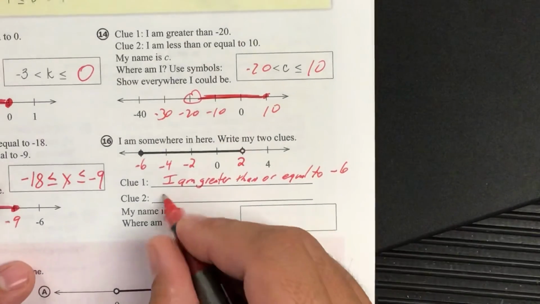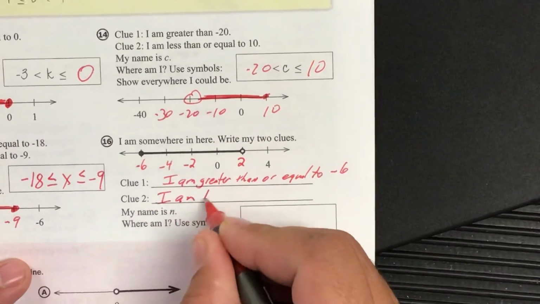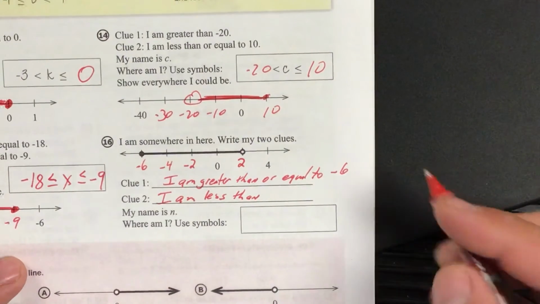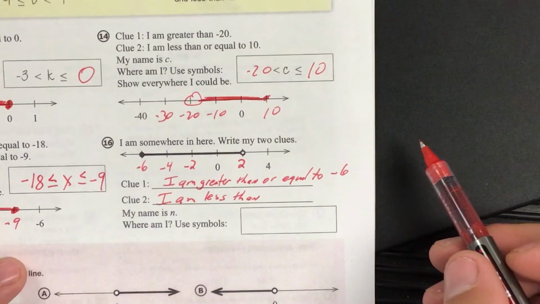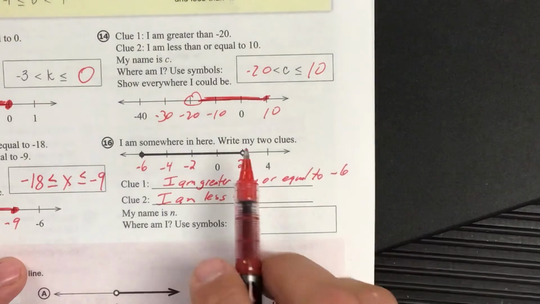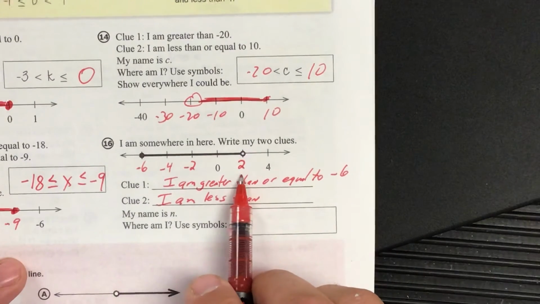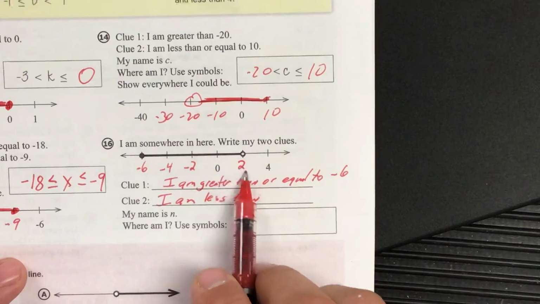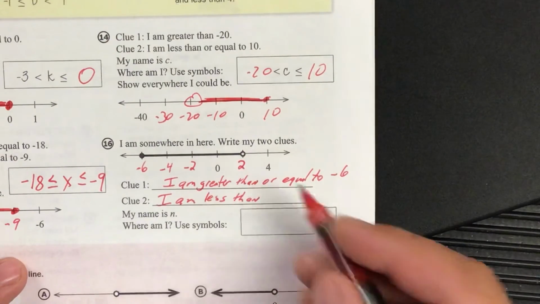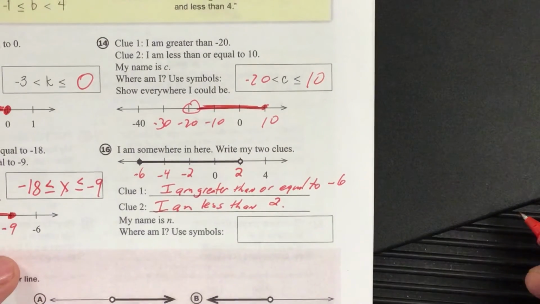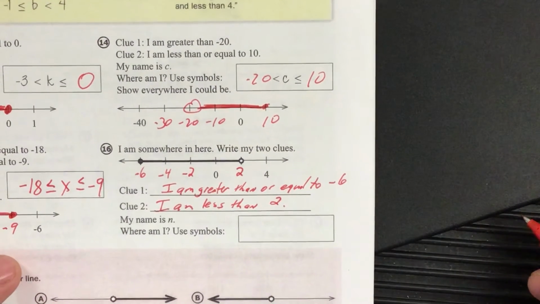Case. I am less than blank. Two, that's the biggest part of my graph. All right, now I gotta show that.